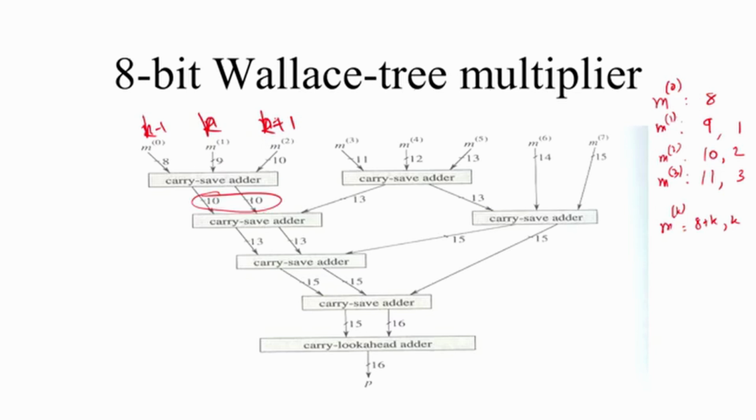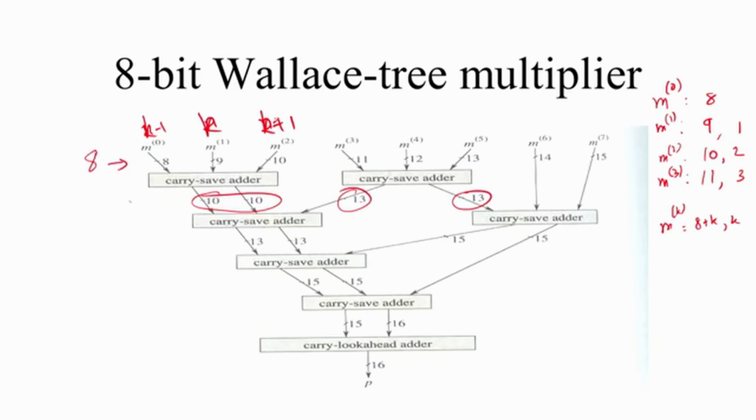Now I am adding M3, M4 and M5. M3 is an 11-bit number, M4 is a 12-bit number and M5 is a 13-bit number. When I add 11, 12 and 13 again, I get 2 13-bit numbers. So what I have done is, I had totally 8 numbers to add here.